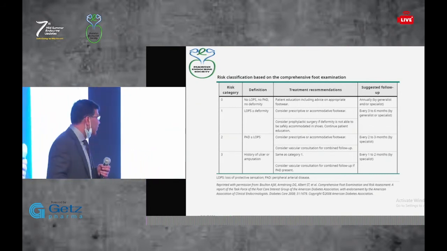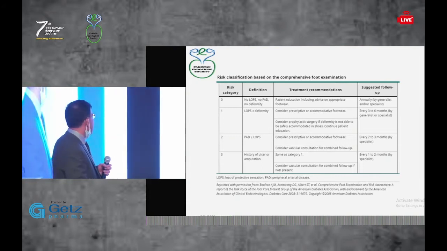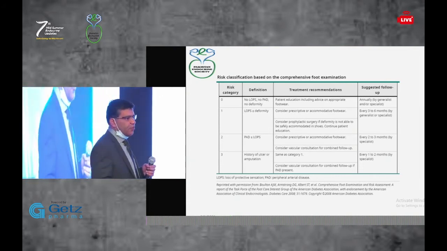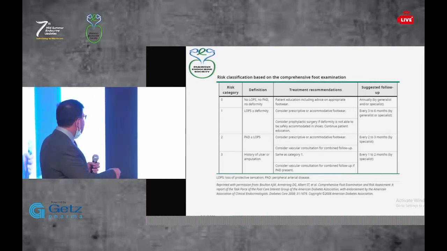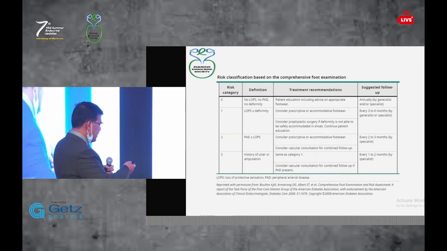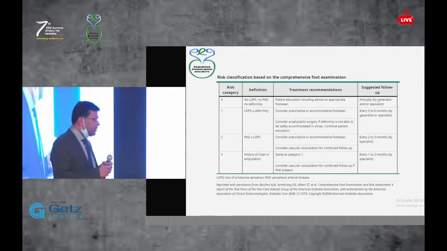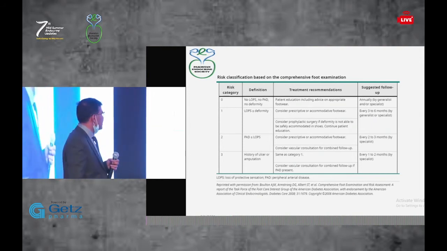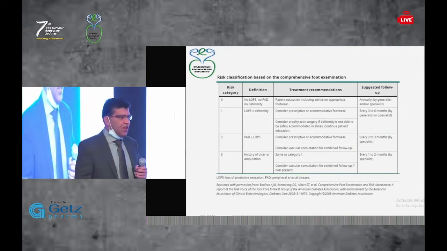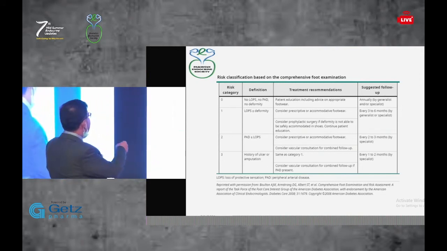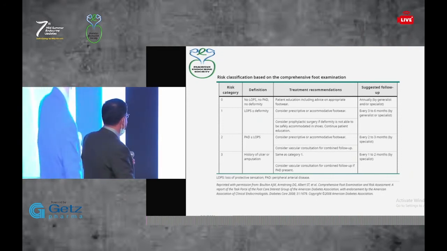Grade 2 is the presence of peripheral artery disease, with or without loss of protective sensation. For these there is a similar recommendation to category 1, and grade 3 is a history of ulcers or amputation. For these too the recommendation is similar to category 1.